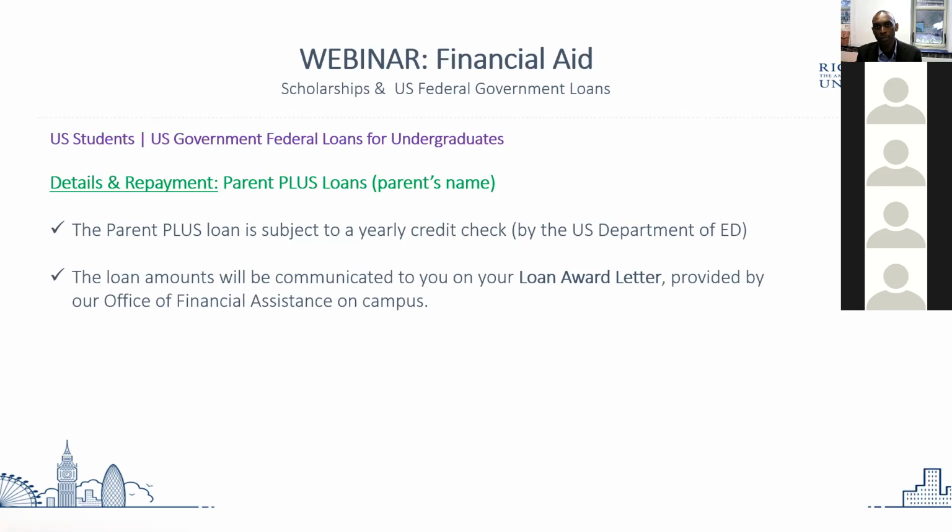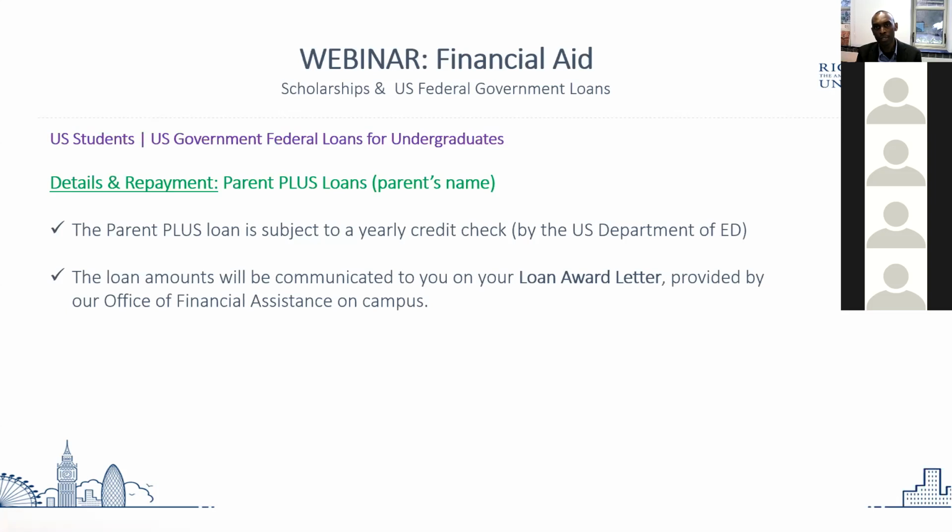The credit check that is done by the federal government on the Parent Plus loan is not as stringent, not as strict as the credit check that is done through Sallie Mae, as an example, or through a banking or financial institution. The banks generally, if you're going to apply to a bank for a loan, will do a very detailed credit check.